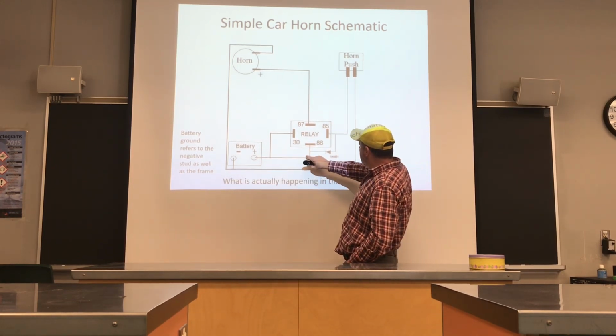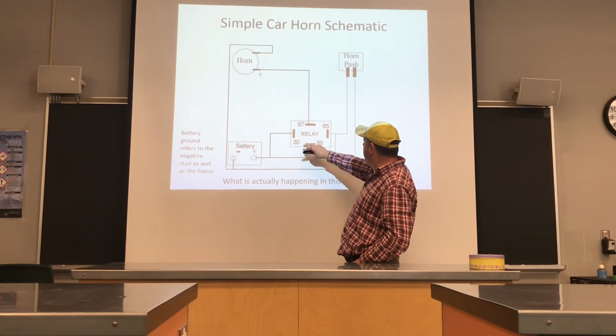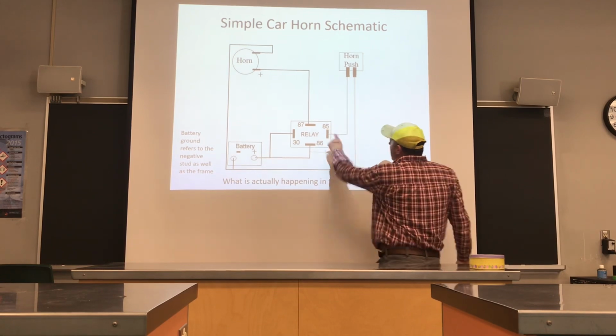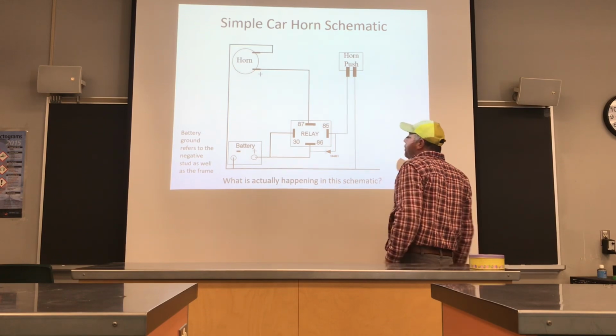If we look, we have power at pin 86 on our coil in the relay. Pin 85 is going to be our ground from the relay up to the horn push button.